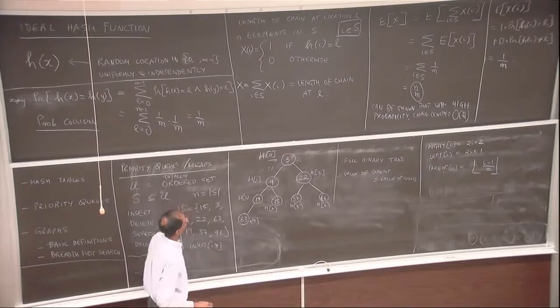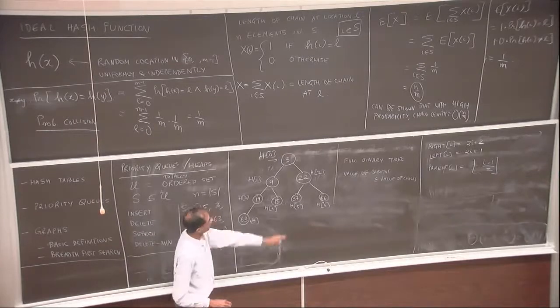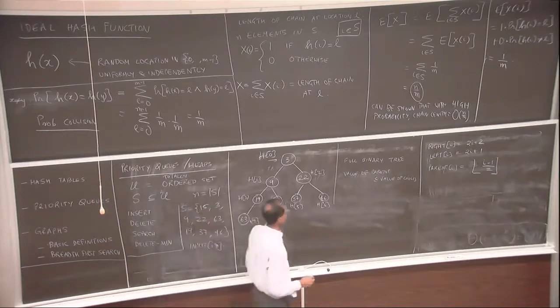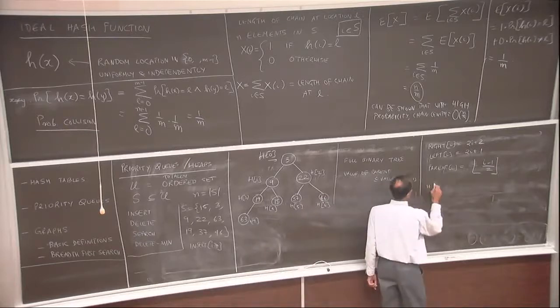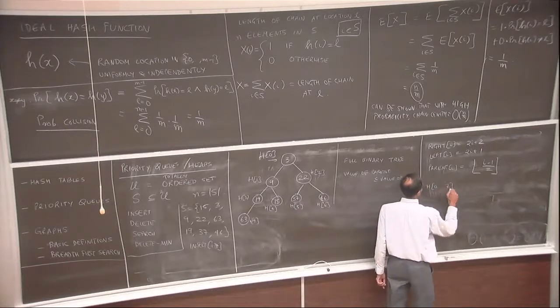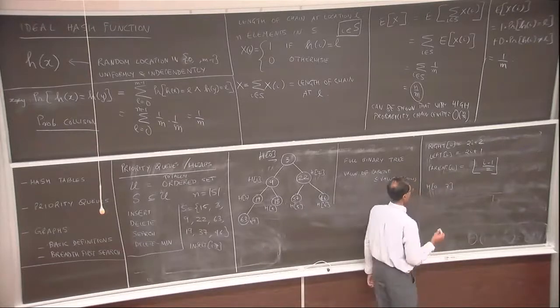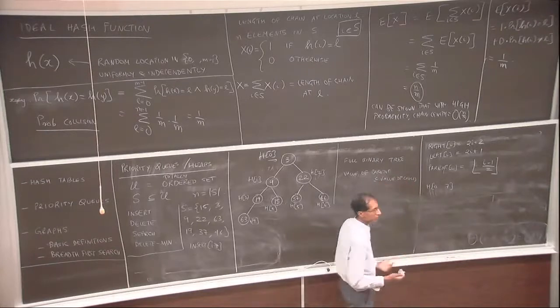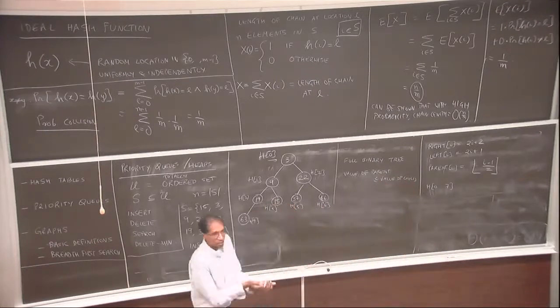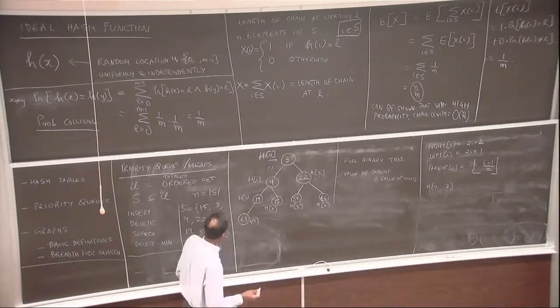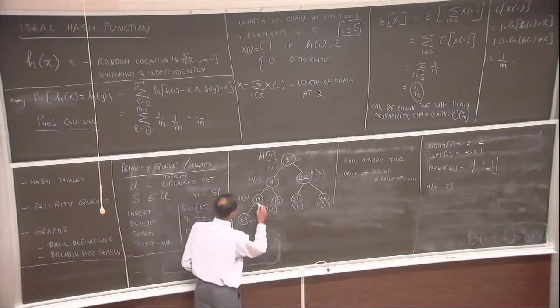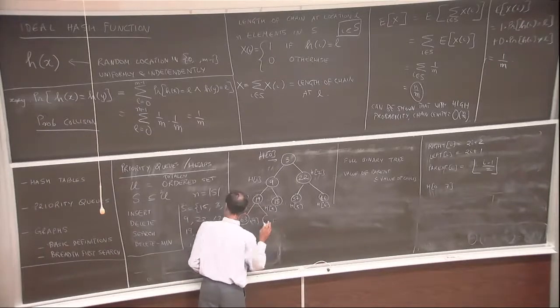What do we do? Well, we have an array H which is going from 0 to 7, where n was 7 at this point, but we've added a new element, so we have to add a location H of 8. So all we will do is add this location H of 8 and put 17 there.